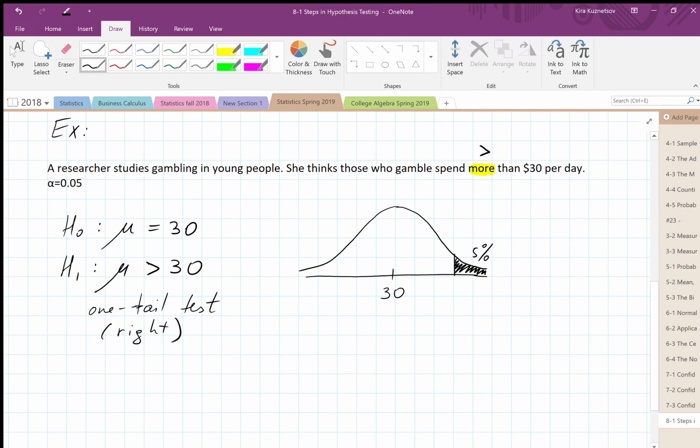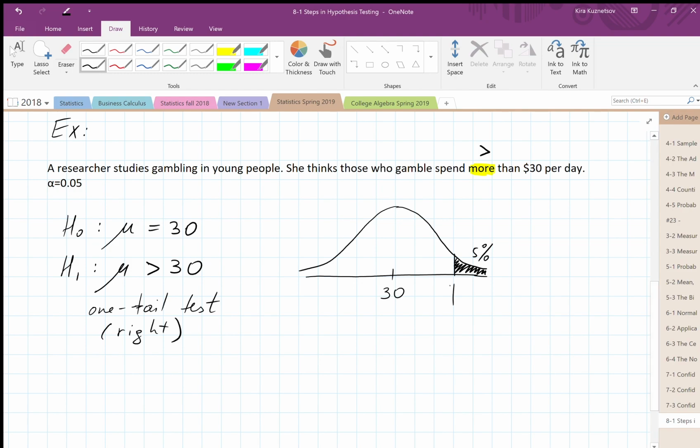So a confidence interval is now a slightly different picture. It'll get you slightly different information if you run a one-tail test rather than a two-tail test. A one-tail test, in this case, is a right tail.